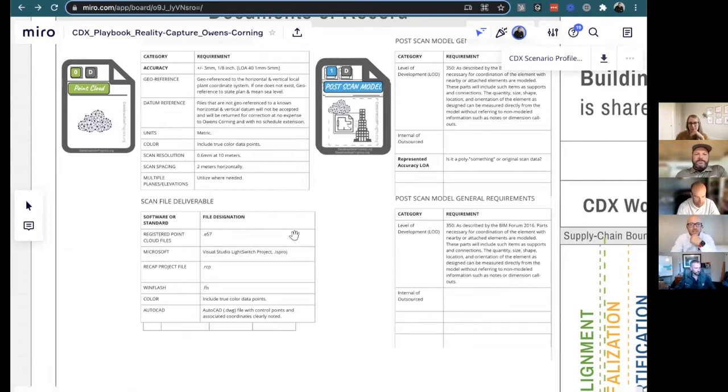Yeah, that's the exact challenge we were trying to solve, even internally at DPR. People will ask for laser scanning, and it's like, okay, I've got a laser scanner. What are you trying to do, right? So it was trying to flip that on its head to start with what you actually want to do with it.